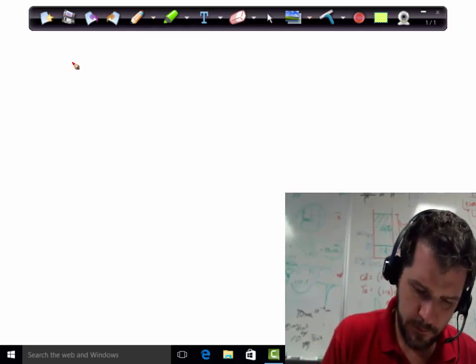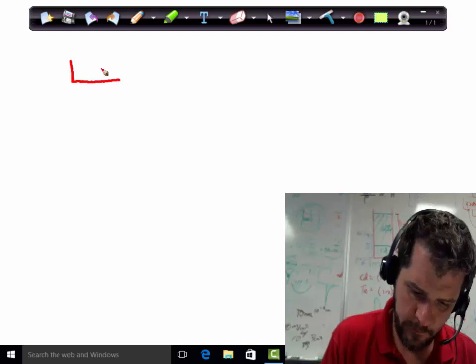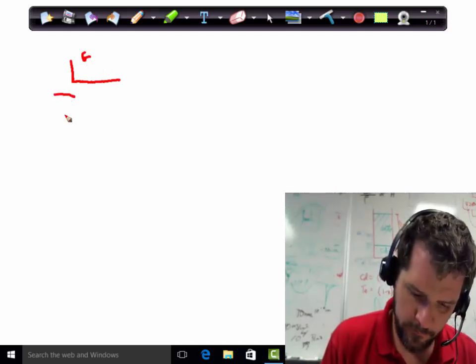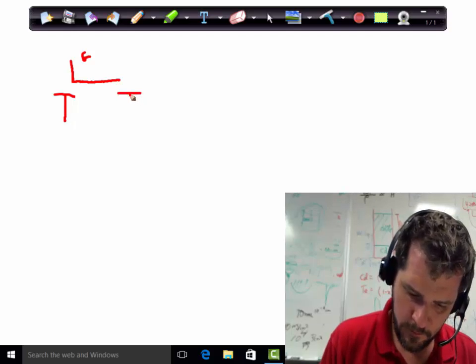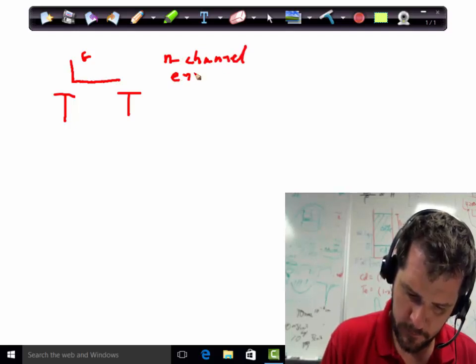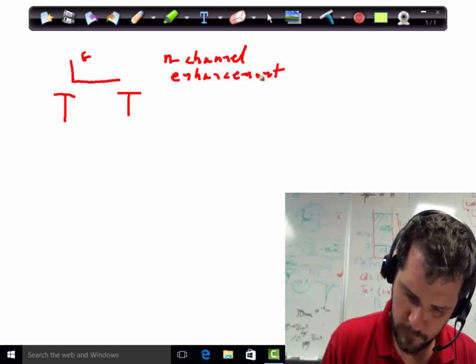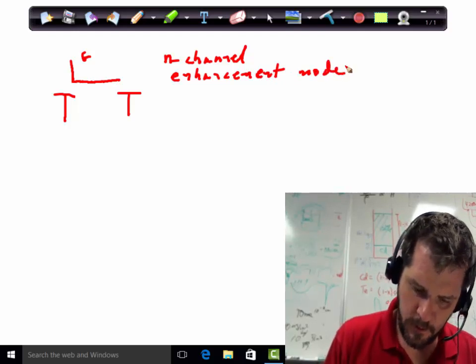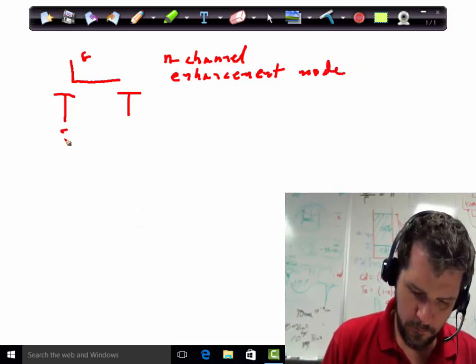First, let's make sure we know how to put a MOSFET into a circuit diagram. Let's just look at the circuit symbol that we would use. I'm drawing the symbol for an N-channel enhancement mode device.